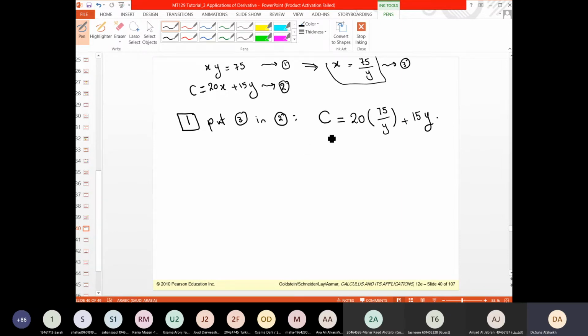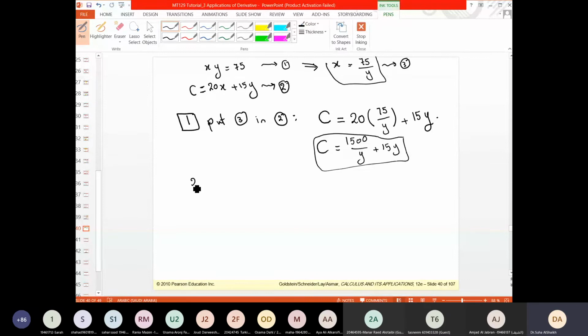So we simplify the things. This will equal 20 multiplied by 75, which is 1,500 over y plus 15y. Now my equation is all in y.